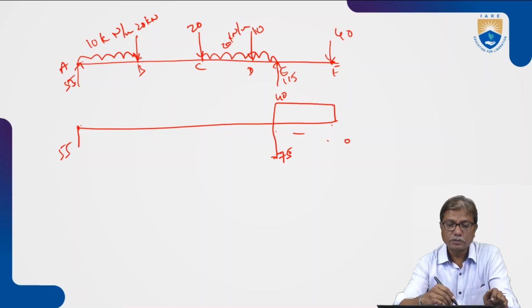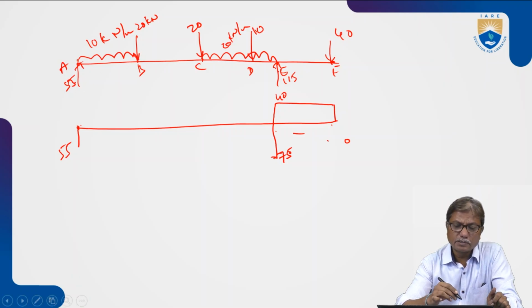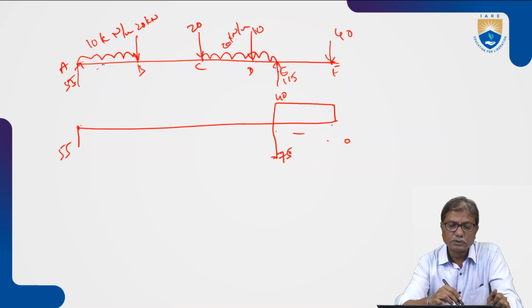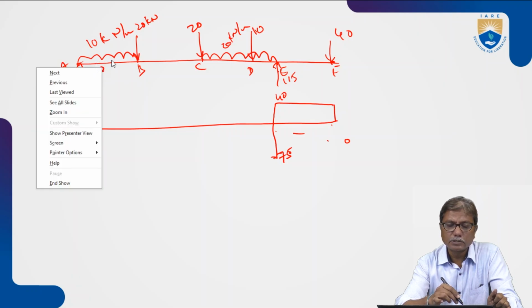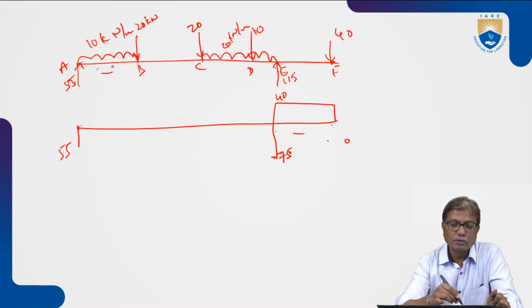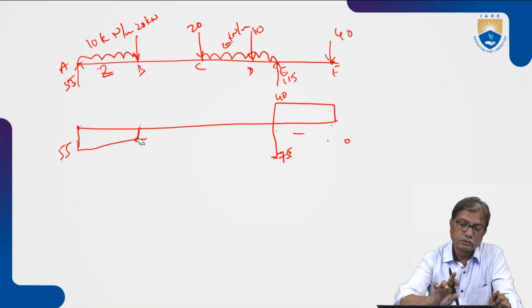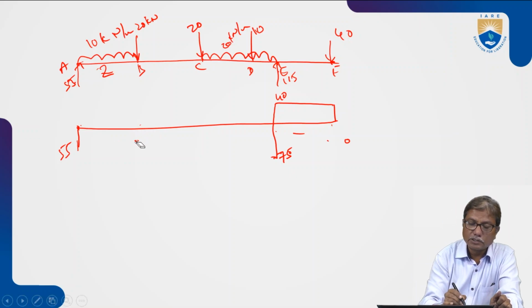And what is the shear force at B? 55 minus 10 into this length, which is 2. 10 into 2, 20. It is minus 35. Okay. So it varies from 55 to minus 35.